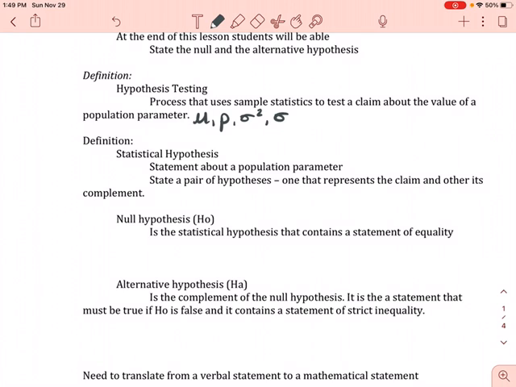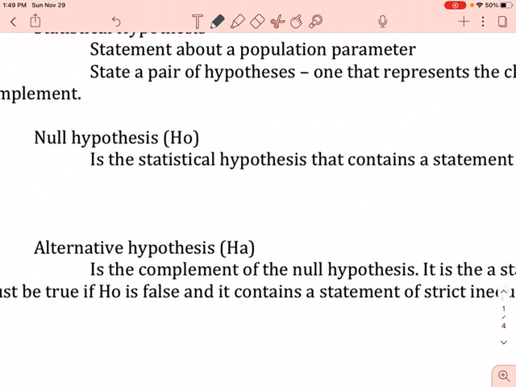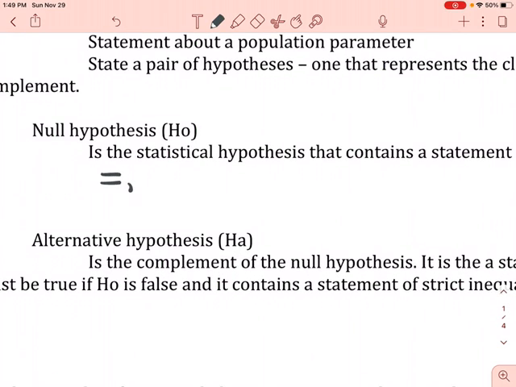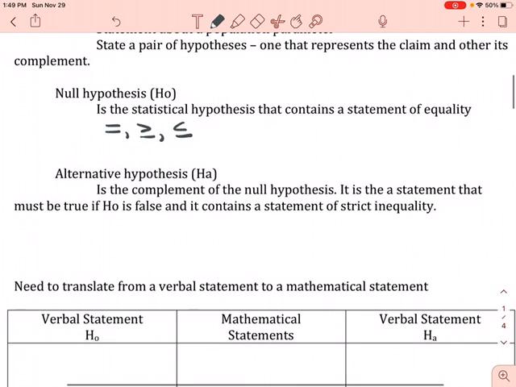All right, so the null hypothesis, or H sub 0, is the statistical hypothesis that always states the claim of equality. So in your null hypothesis, you're always going to have either an equal to, a greater than or equal to, or a less than or equal to. H sub 0's are always equal. That's the way we have it set up. Your alternative hypothesis, or H sub A, is the complement of H sub 0.